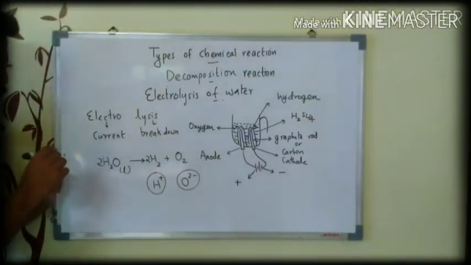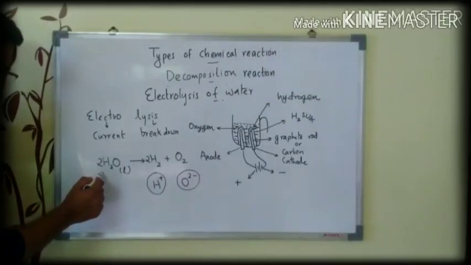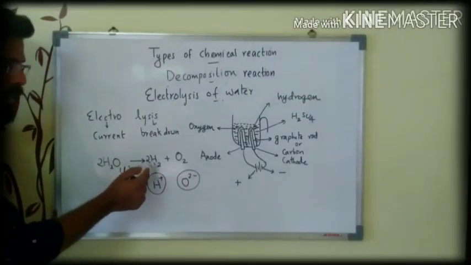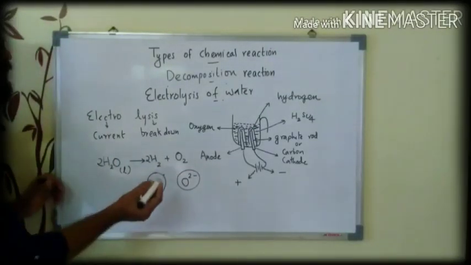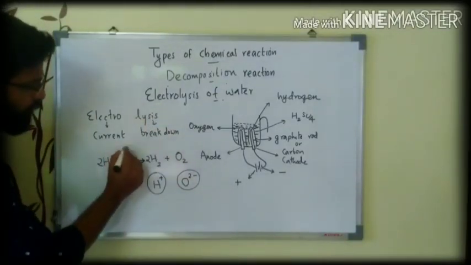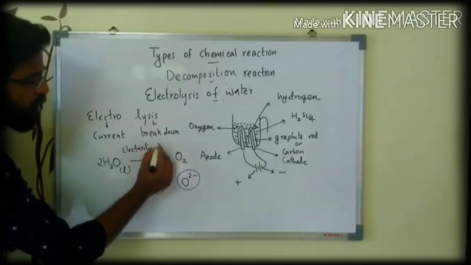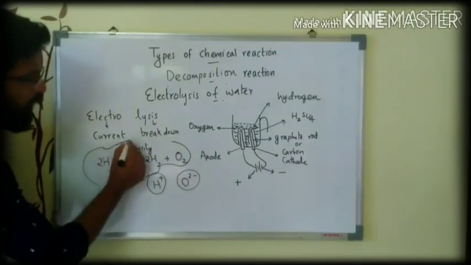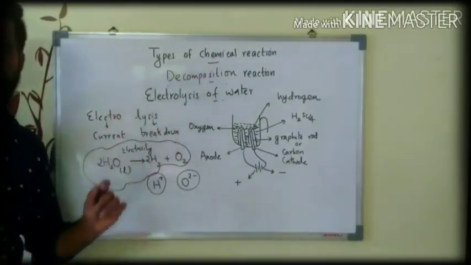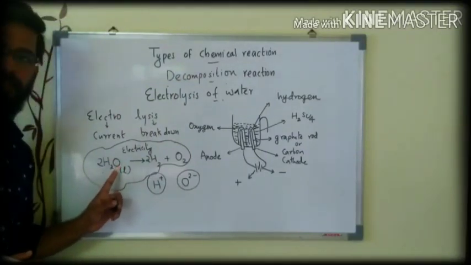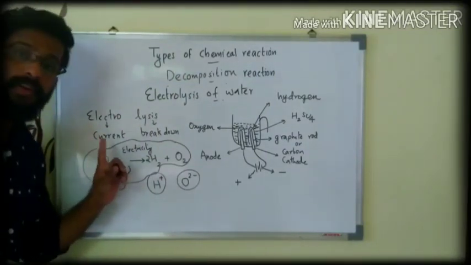Now let's come to the point. Water decomposes to hydrogen and oxygen in the presence of what? Electricity. So this is also a type of decomposition. Here the decomposition reaction takes place in the presence of electricity.